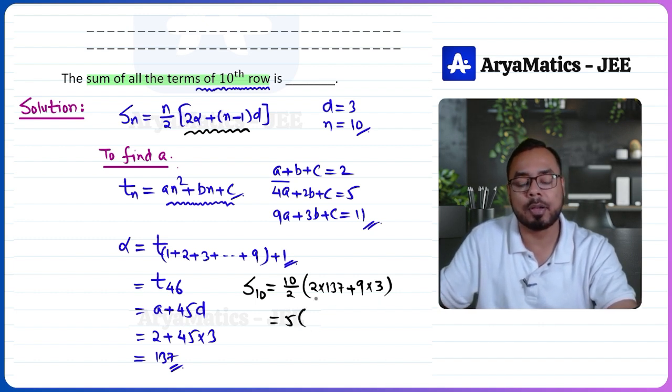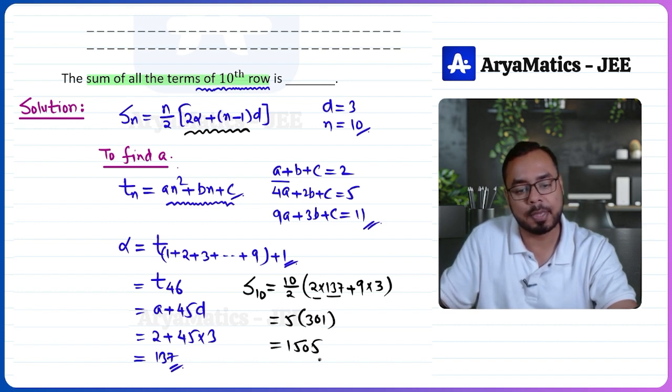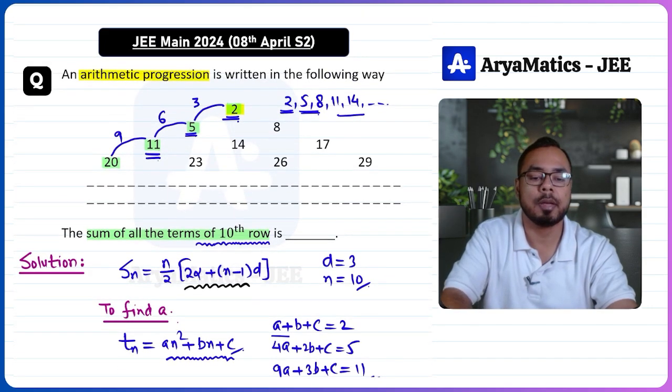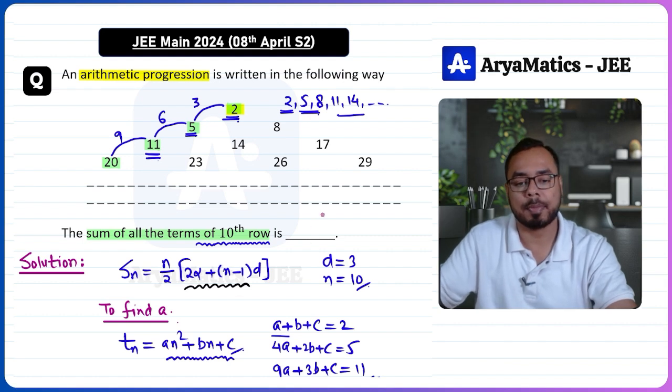This will become 5 into 137 into 2, so 274 plus 27, that will be 301. 301 into 5 is 1505. So finally the correct answer for this problem will be 1505. That will be the right answer for this problem.